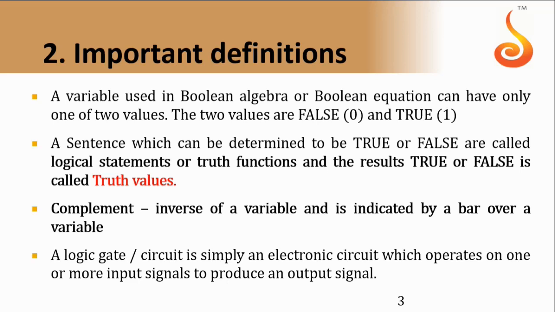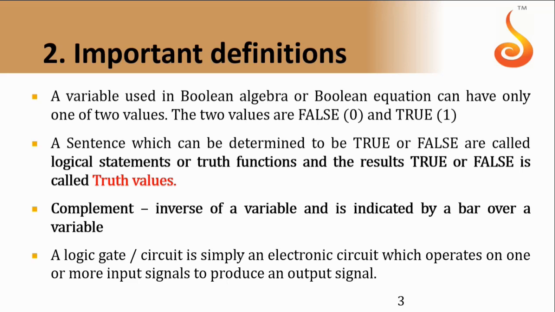A statement which can be determined to be true or false is called a logical statement or truth function, and the result, true or false, is called the truth value. We'll be writing truth tables for each one, and you can prove many things using a truth table, or by substituting x is equal to 0 or x is equal to 1, or you can prove it algebraically also.